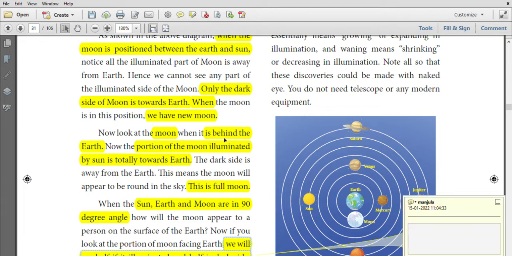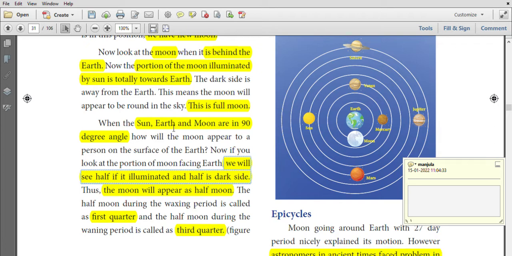When the moon is behind the earth, the portion of the moon illuminated by the sun is totally towards the earth. This is full moon. The earth is between the sun and the moon, and the moon is also illuminated by the sun. So we see the full moon.